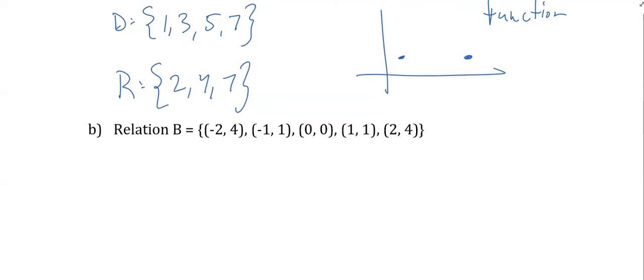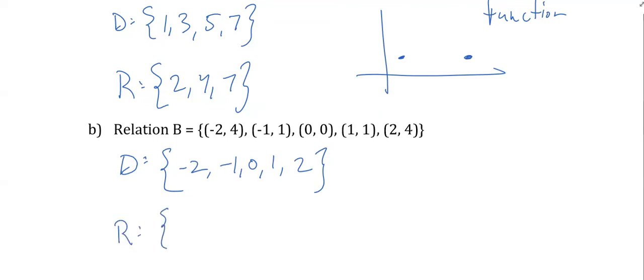Okay, B. So the possible x's, negative 2, negative 1, 0, 1, and 2. And the range, I'm not going to write these in order from smallest to biggest. I'm going to write them in order from left to right because that seems kind of natural.